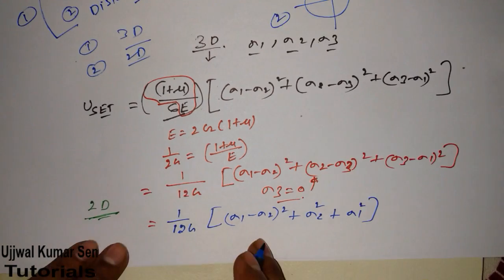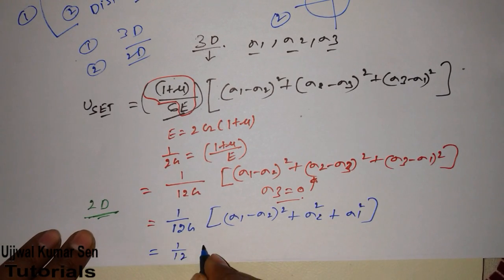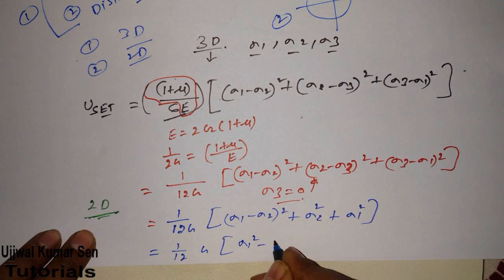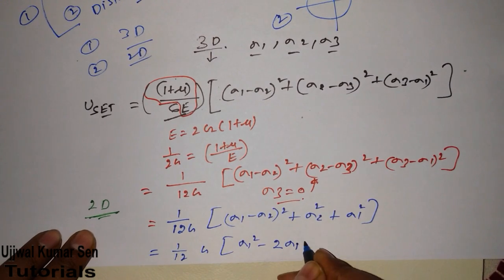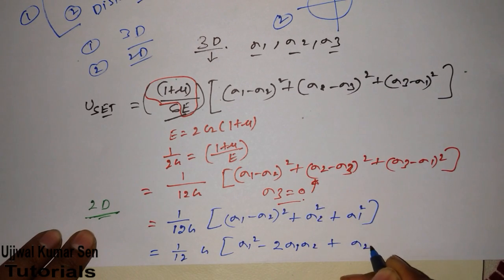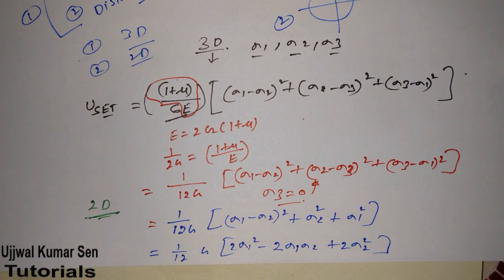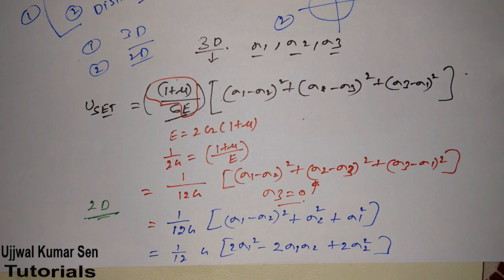After simplification, we get 1 by 12G times [sigma 1 square minus 2 sigma 1 sigma 2 plus sigma 2 square, plus sigma 2 square plus sigma 1 square]. So this is how you can do this.